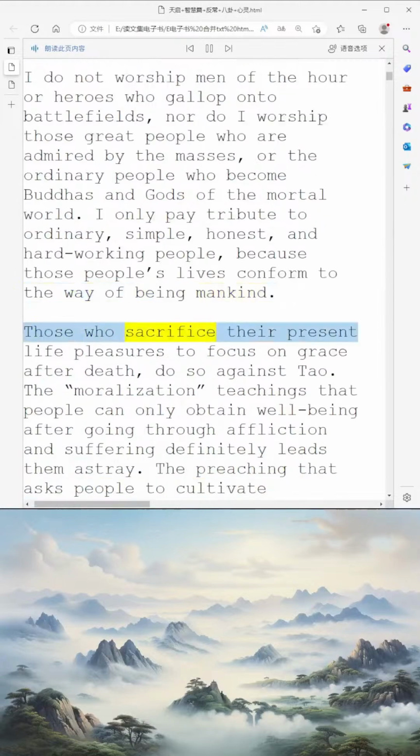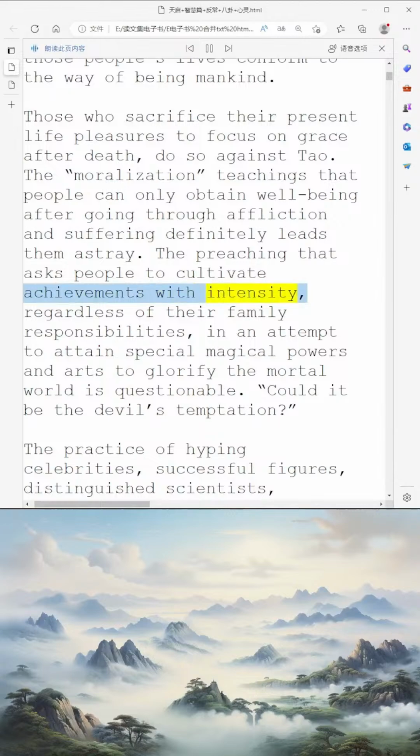Those who sacrifice their present life pleasures to focus on grace after death do so against Tao. The moralization teachings that people can only obtain well-being after going through affliction and suffering definitely lead them astray. The preaching that asks people to cultivate achievements with intensity, regardless of their family responsibilities, in an attempt to attain special magical powers and arts to glorify the mortal world is questionable.